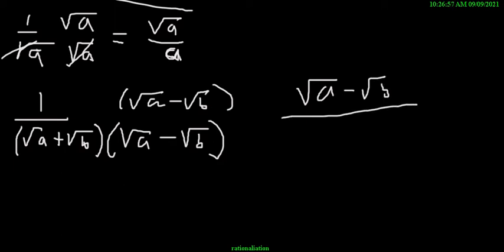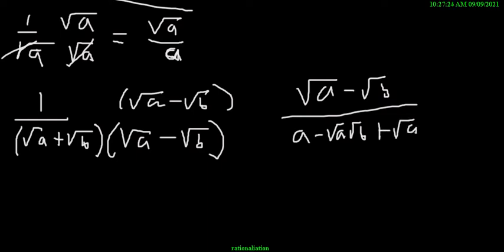Everything over, so the square roots cancel, so this one is going to be a, then root of a minus root of b, which is going to be, root of a times negative root of b, sorry, and root of b times root of a is going to be plus.